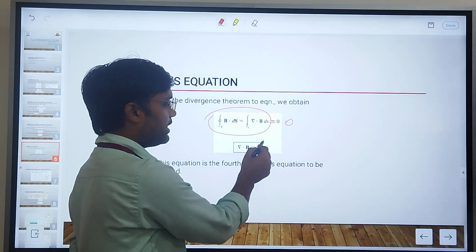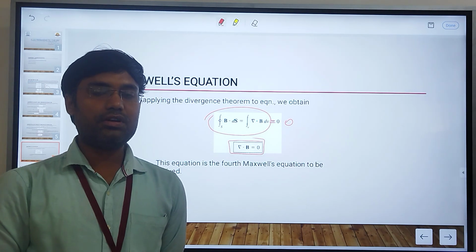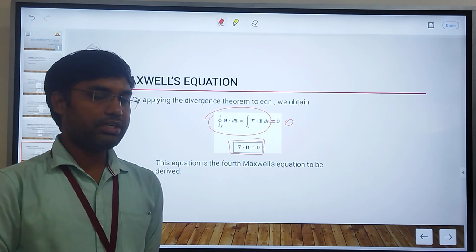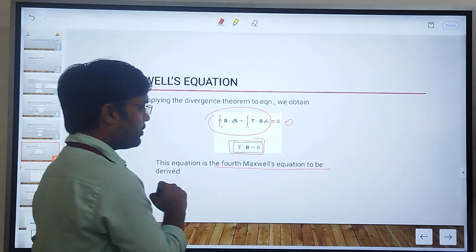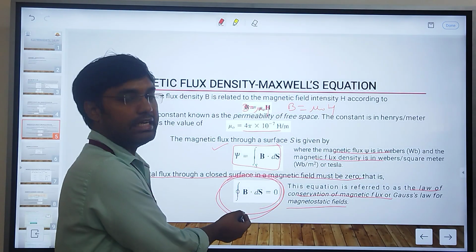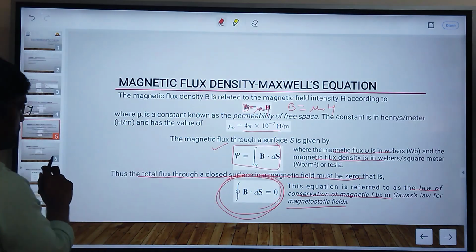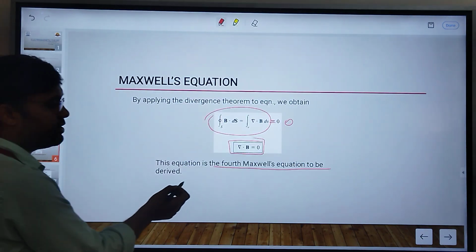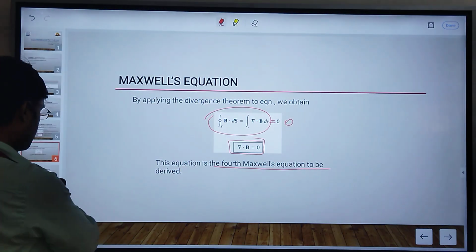We can obtain that the divergence of B, the divergence of magnetic flux density, should always be 0. This is Maxwell's fourth equation in point form, and the other is Maxwell's fourth equation in integral form, also called differential form.